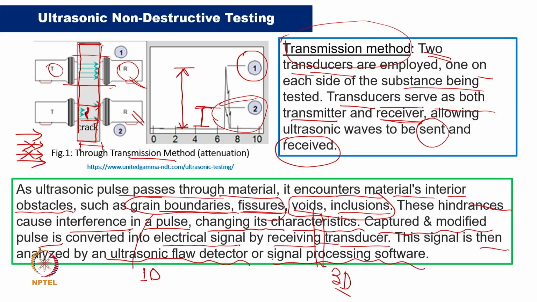So, these are the essentials: we require a unit which will generate ultrasonic waves, a unit which will receive ultrasonic waves, and a kind of processing unit which can figure out how much was in and how much is out, to compare it and then figure out what is really happening.